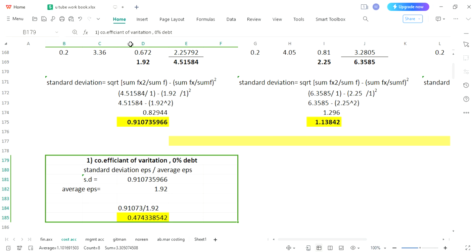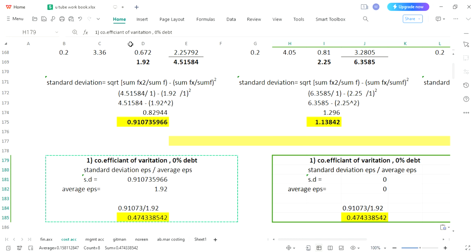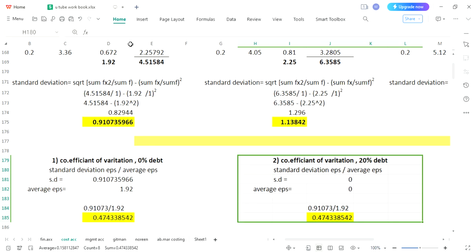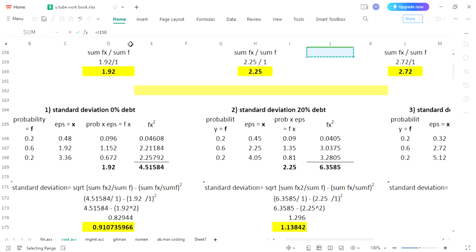Now there is a little ease for you. We will just pick these headings to calculate the second CV, or coefficient of variation, where it was 20% debt. So now we are going to mention the standard deviation, calculated over here, 1.13, and its EPS was calculated above.